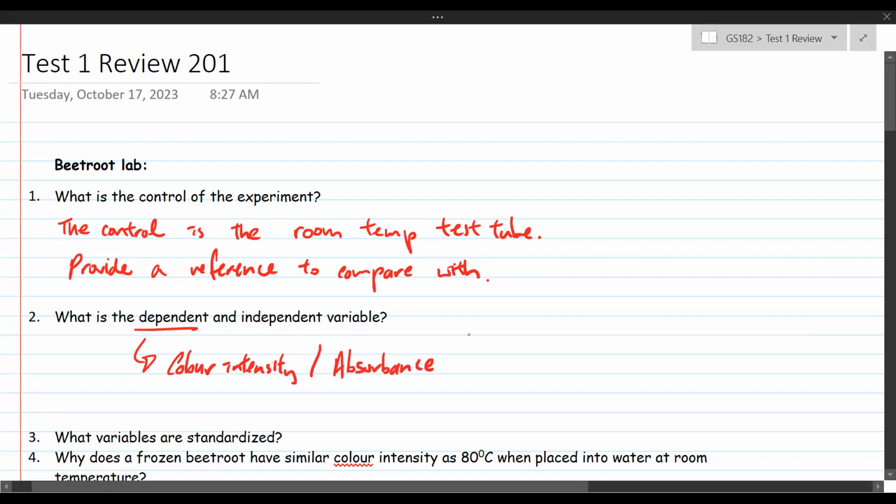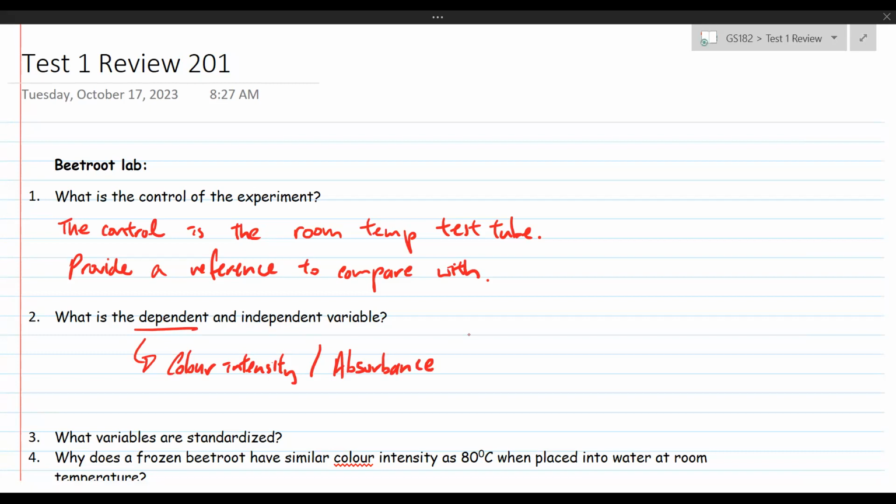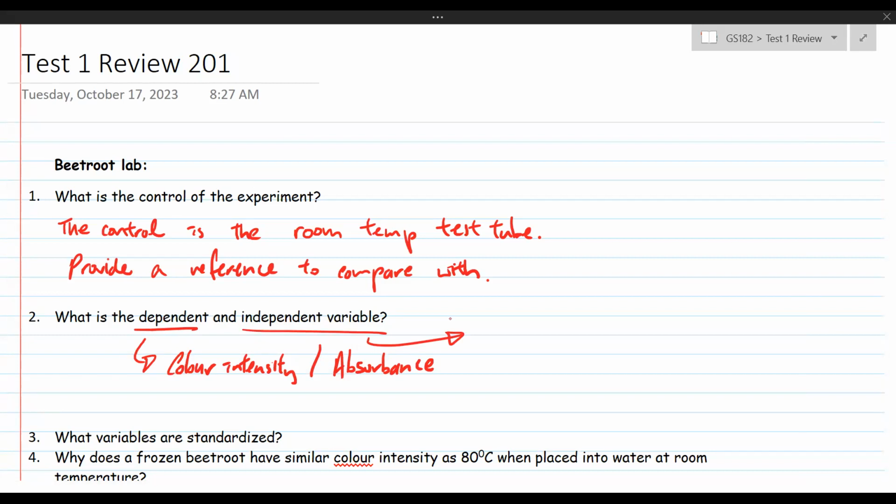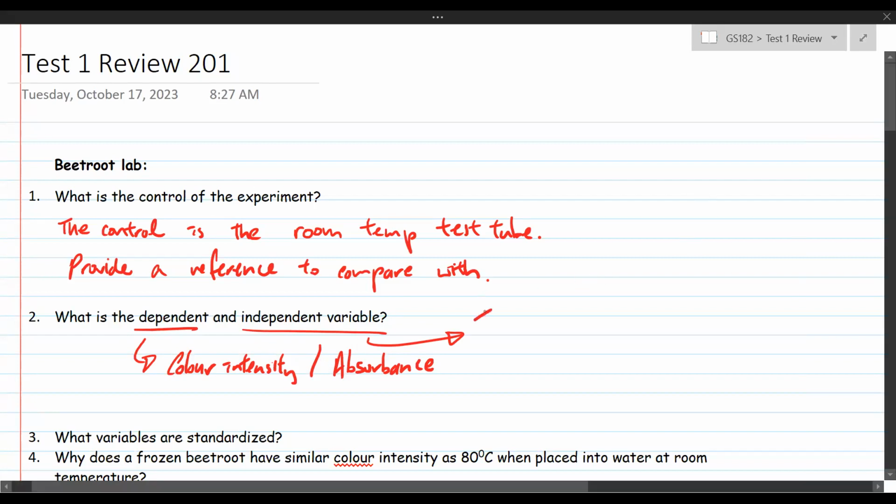And then the independent variable is basically the temperature.